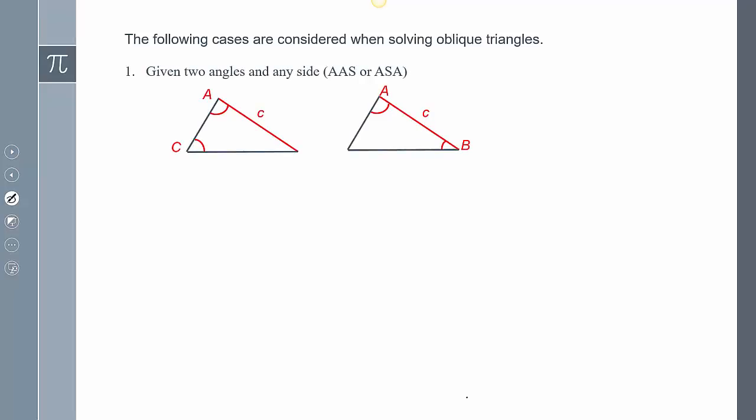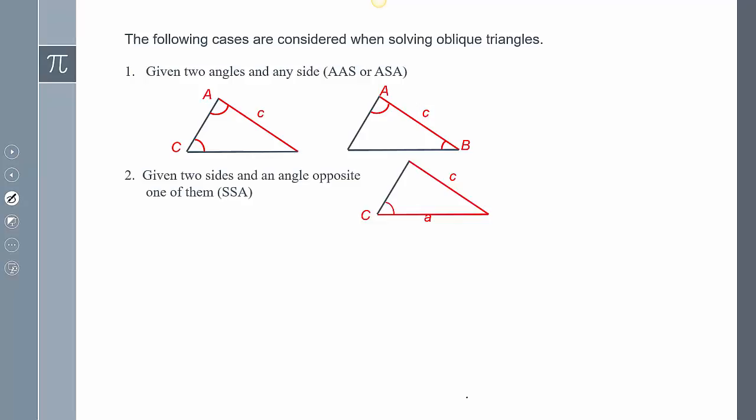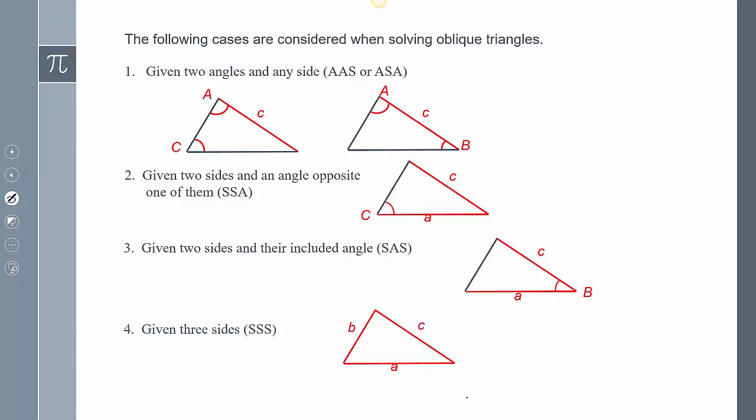We have 2 angles and any side, so angle, angle, side, or angle, side, angle. We could have 2 sides and an angle opposite one of them, so side, side, angle. Then we could also have 2 sides, but the angle is included in between them. And then we have side, side, side, which means we have 3 sides.